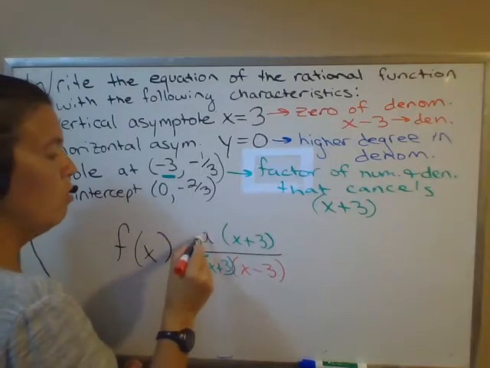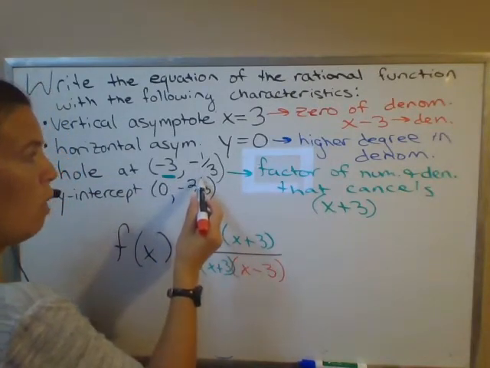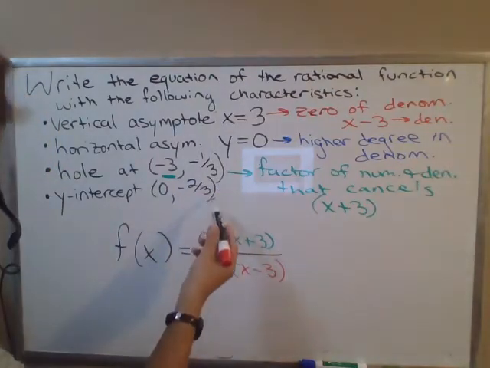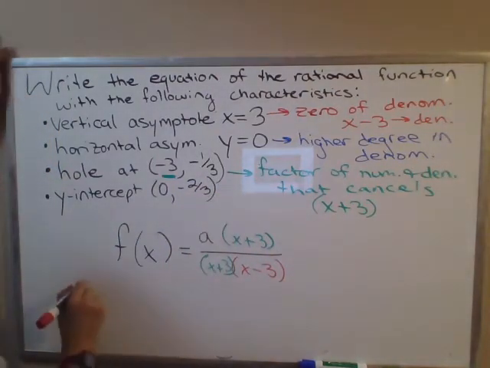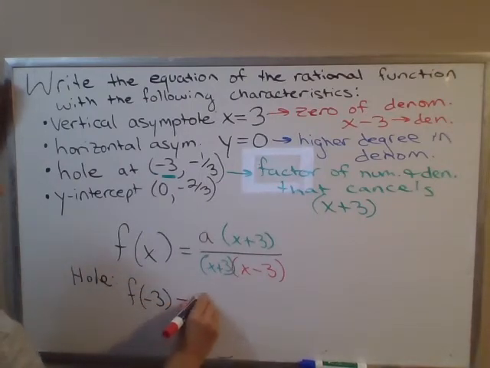So you can use this coefficient out here to make sure that you get the right y coordinate for the hole. When we're looking at the exact location of the hole, remember what you do is plug in the x coordinate of that hole, plug it into the simplified function.